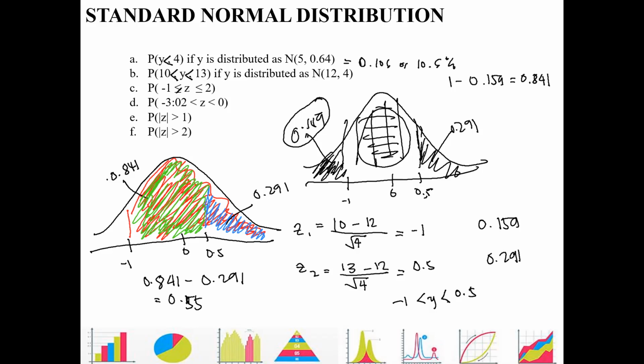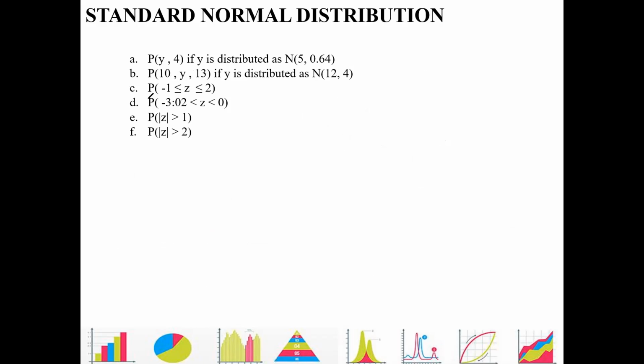So, meron bang impact yung ating mathematical symbol natin na greater than and less than? Yes, kasi doon natin malalaman kung ano yung direction niya sa bell curve. Okay? Let's try an example. But this time, hindi na tayo magko-convert from normal distribution to standard normal distribution.